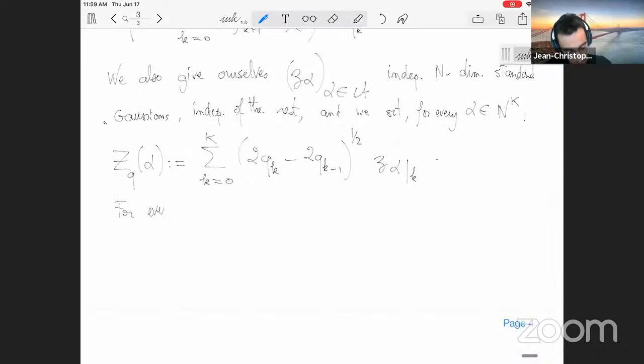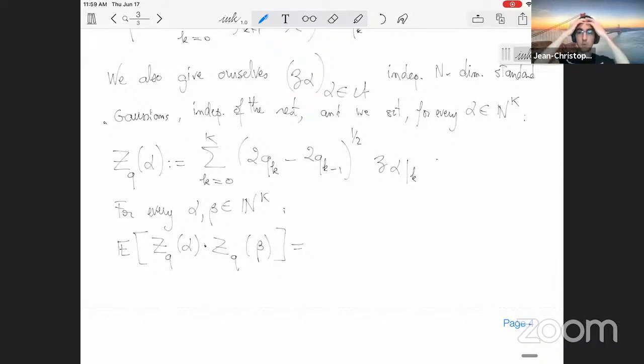Let me write it. For every alpha, beta leaves on our tree, if I compute the scalar product between these two, z alpha and z beta. So imagine you're trying to do this scalar product. All of the Gaussians that we meet are independent.